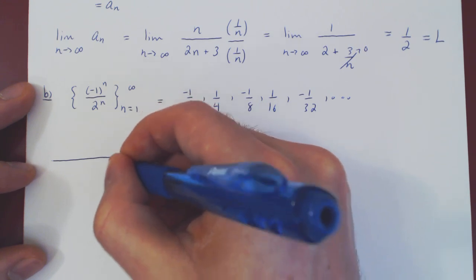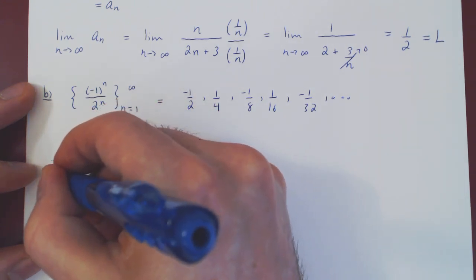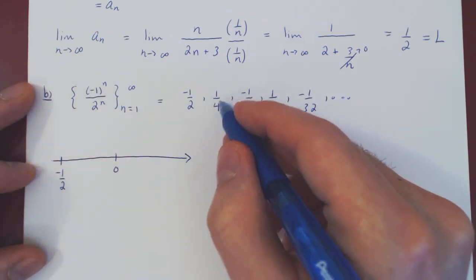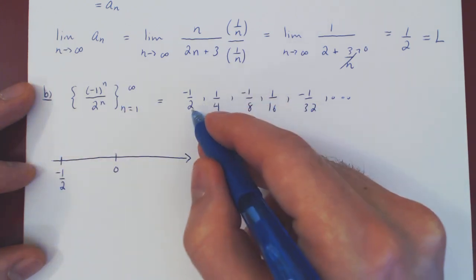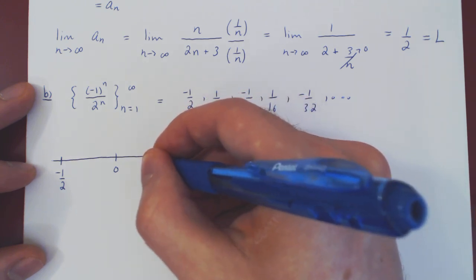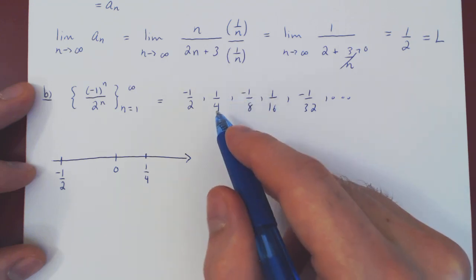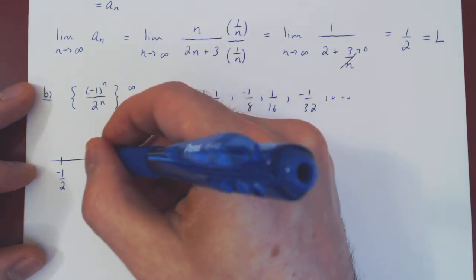So we have 0. The first term is negative 1/2. The second term is positive, but half the size of the previous term. So this will be 1/4. The next term is negative, but half the size again of the previous term, 1 over 8.